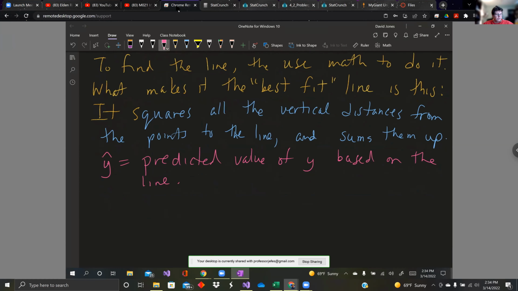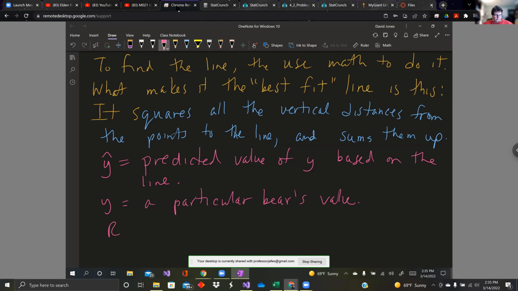And then we're just going to use regular Y for an actual bear's value, a particular bear's value. They call it the residual.